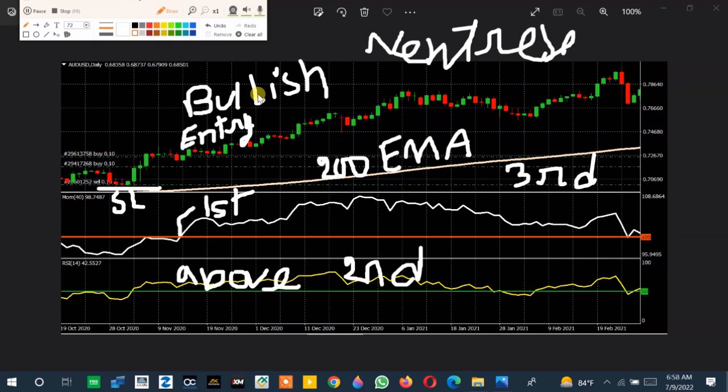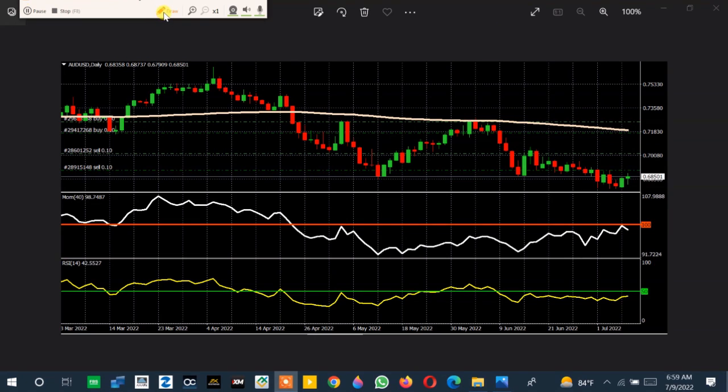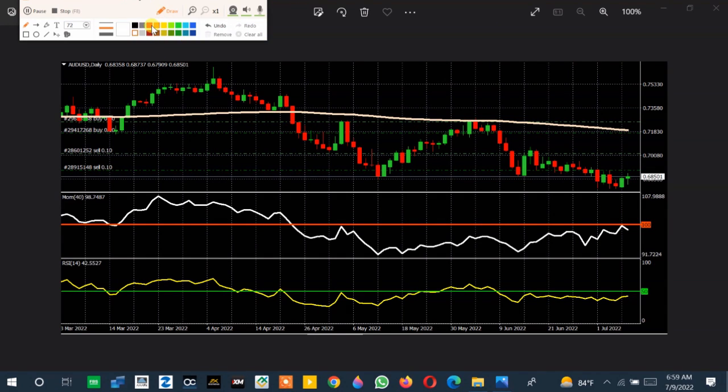Okay, next we will see the sell scenario, how we make a sell in this area. Fast momentum crosses below the 100 level.